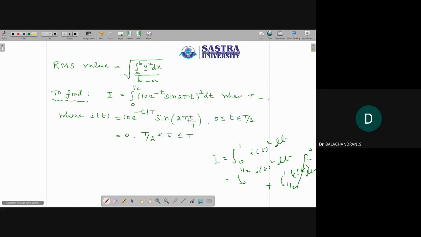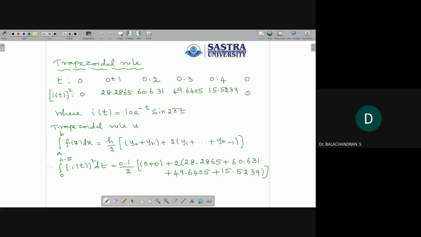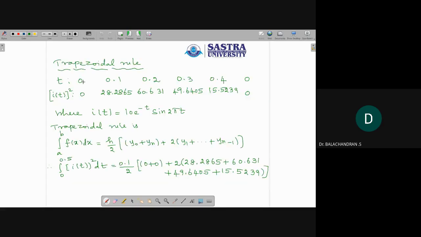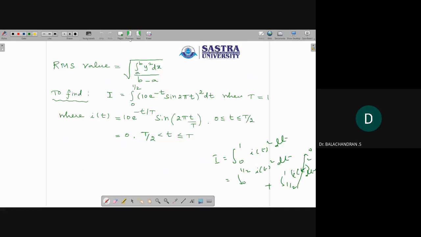Okay. Now, trapezoidal rule. The t value originally is 0 to 1 by 2. So I am taking h equal to 0.1: 0, 0.1, 0.2, 0.3, 0.4, 0.5. So t is ranging from 0 to half.